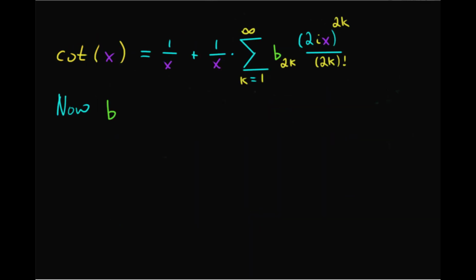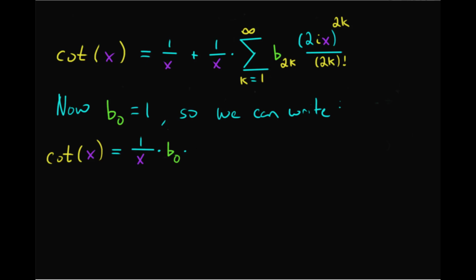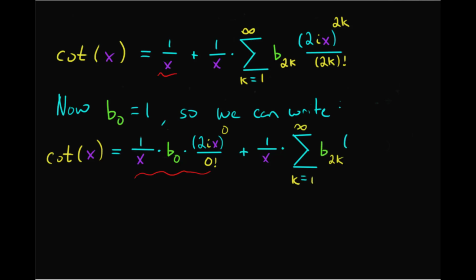I want to focus on that leading term there, 1 over x, that's outside of the indexed sum. Now, as it happens, b sub 0, the 0th Bernoulli number, equals 1. So it won't do any harm to write that cotangent of x equals that term 1 over x times b sub 0, since b sub 0, again, is just 1, times the quantity 2ix to the 0 over 0 factorial. 2ix to the 0, of course, is just 1, and 0 factorial is just 1.